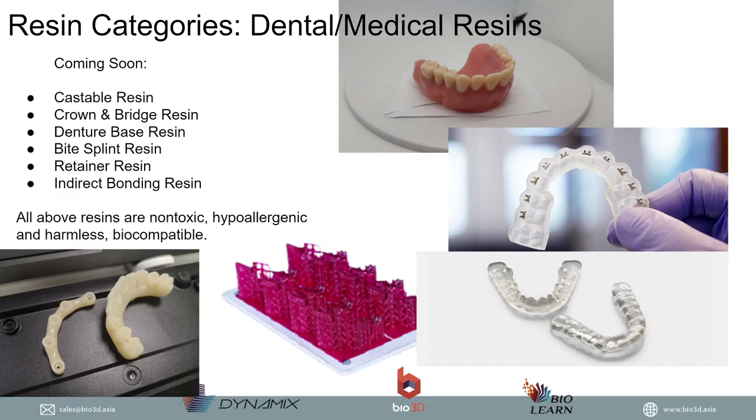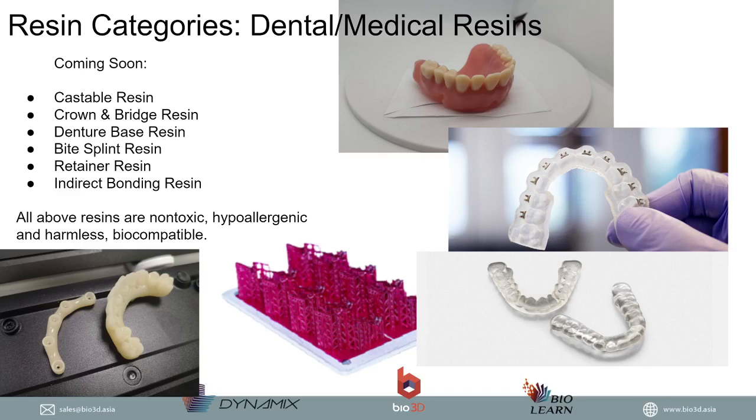The next resin we'll talk about a little bit is the bite splint resin. This is another resin that we're really excited for because it's perfect for splints, night guards, and possibly some mouth guards, really thin mouth guards. This resin is also non-toxic, hypoallergenic.